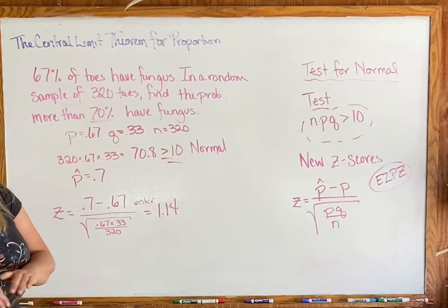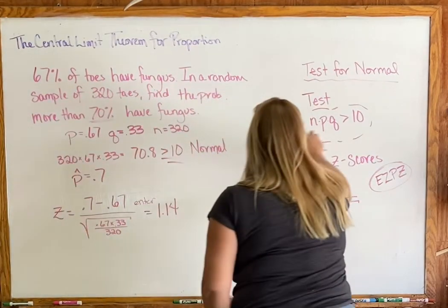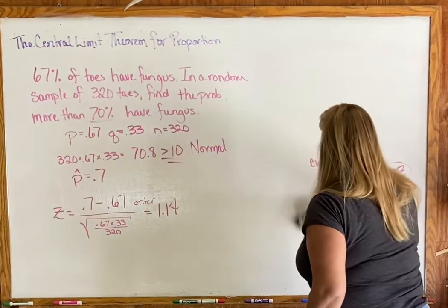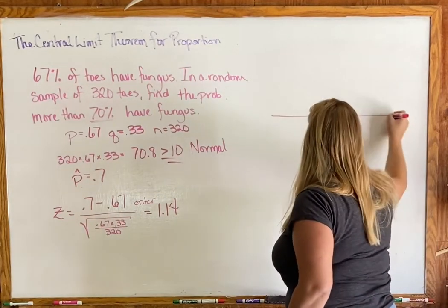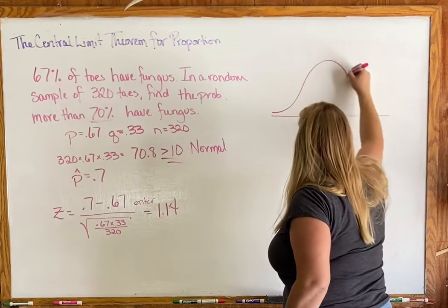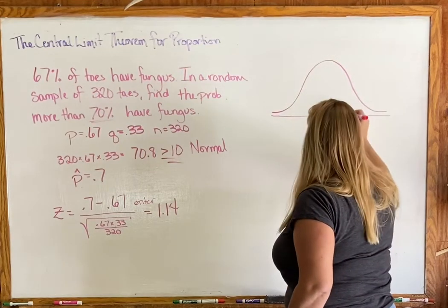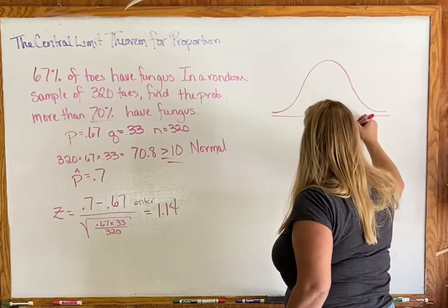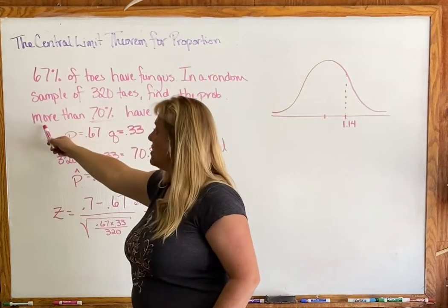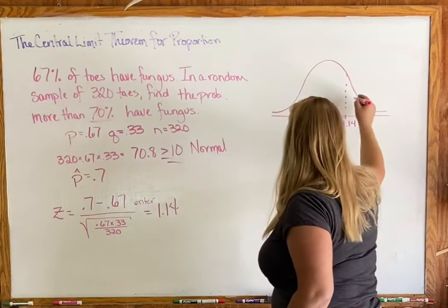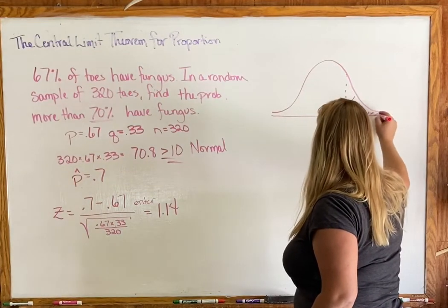Now the thing to keep in mind is that we're doing all of this so that we can plot this on our normal curve. So it means that we're looking at a graph, 1.14 is over here, and we want to find the probability it's more than that, so more than would be shading this way.